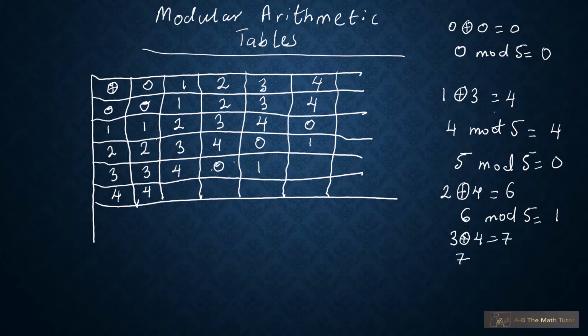And 7 mode 5 is 2, because 7 divided by 5 will be 1, remainder 2. So you have 2 here.